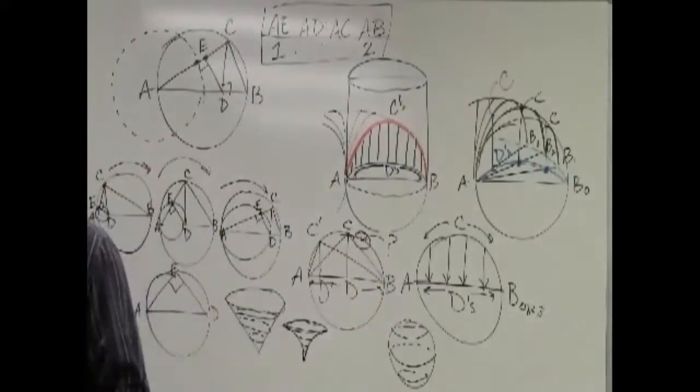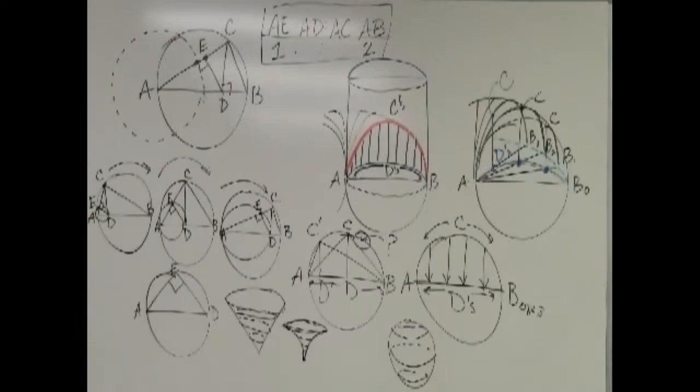Can you move E along the diameter AB and then erect a perpendicular out to D? Say it again, Emma. Move E along AB. We have the diameter. To move D along AB.